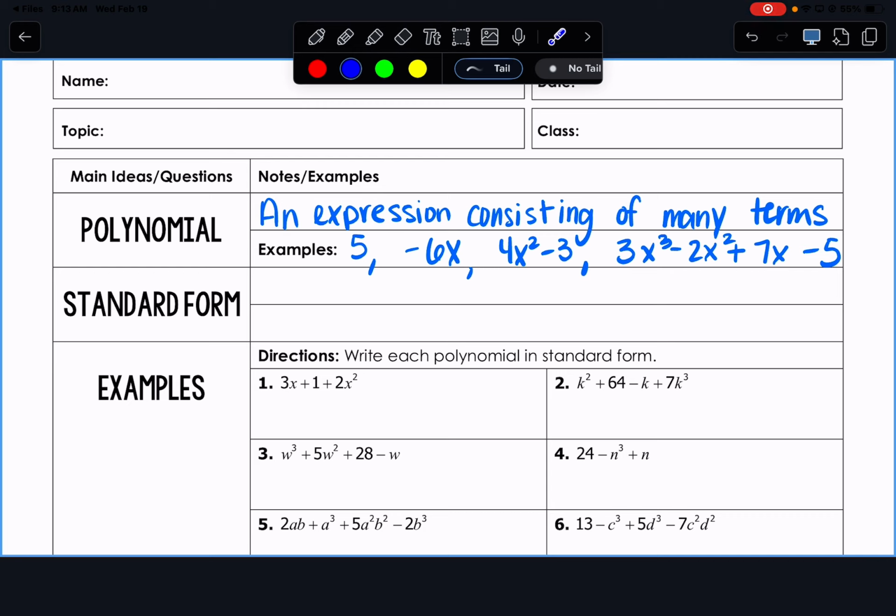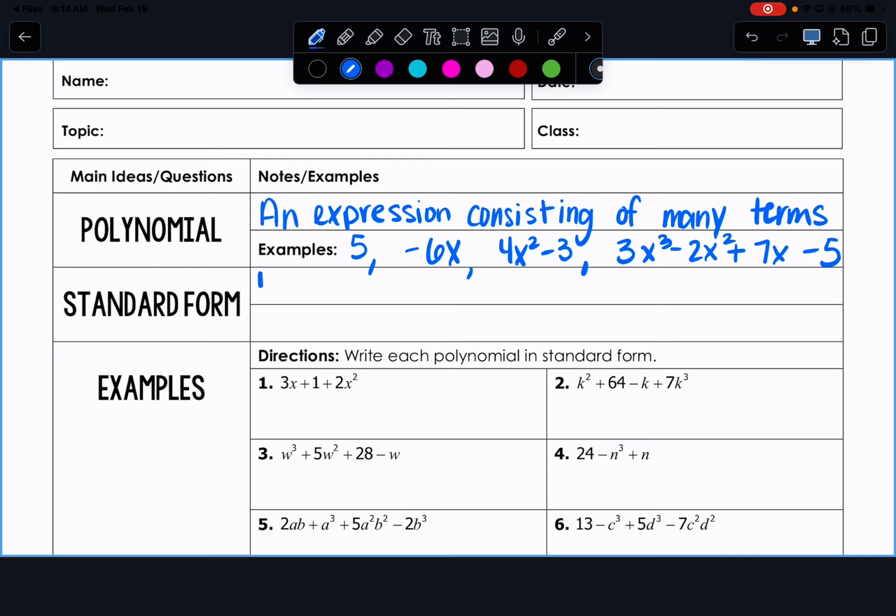All right, now, we are going to have to write polynomials in standard form, okay? What it means to write it in standard form is 2 pieces. So typically, we're going to look at polynomials with one variable, but sometimes we look at polynomials with multiple variables. When we look at multiple variables, we have to make sure our polynomial is written in alphabetical order.